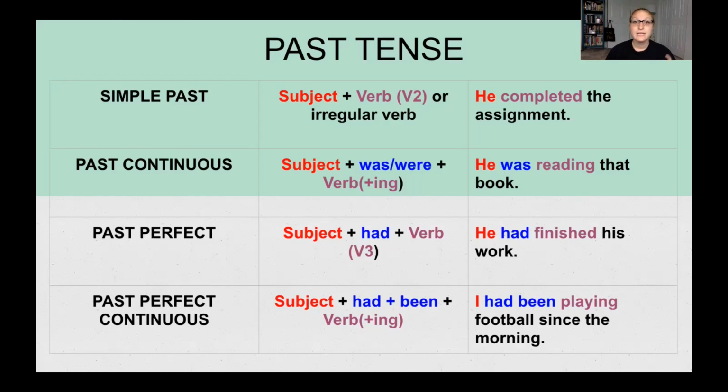Okay, now let's look at past perfect. So you have subject, you have your helping verb, which is had, and then you have your verb, your action. He had finished, notice that ed at the end of finished, his work. So we see that ed again at the end of our action verb, but as we get into past perfect continuous, we go back into ing for our action verb.